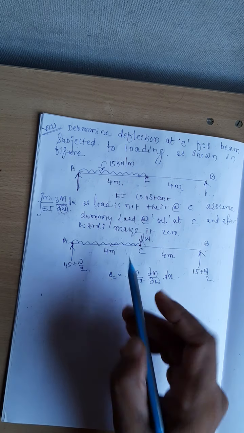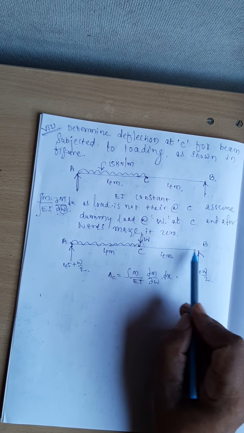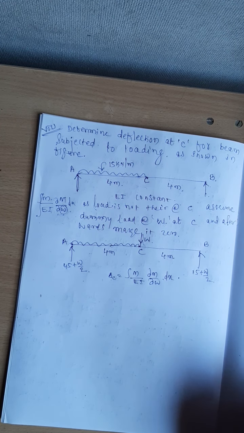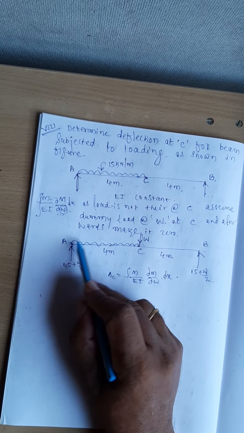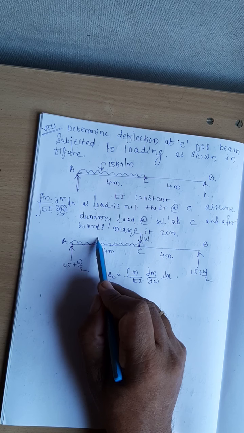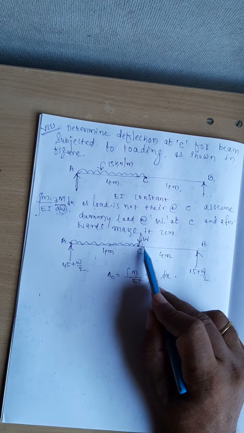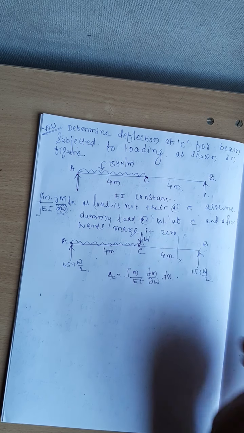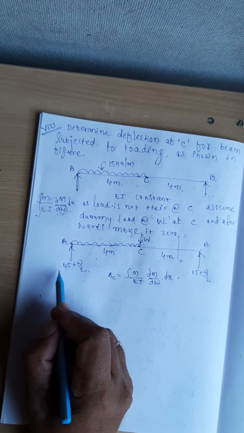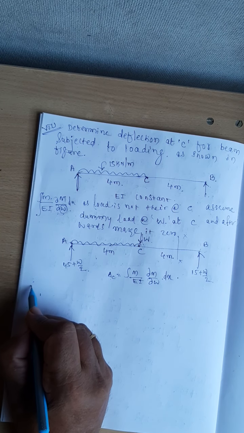That is why I need to cut this beam into two parts, one part AC and the other part CB. As usual, for the part AC, I am taking A as the origin, writing the equation for the bending moment, and for the part BC, I am taking B as the origin. The calculations I have shown in the table below.